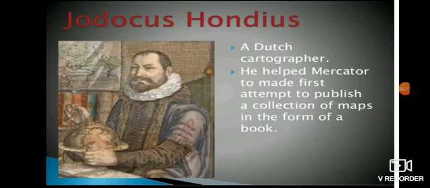He was the first person who drew a map of Europe and the New World. He was a Dutch cartographer. He helped Mercator to make the first attempt to publish a collection of maps in the form of a book in history.